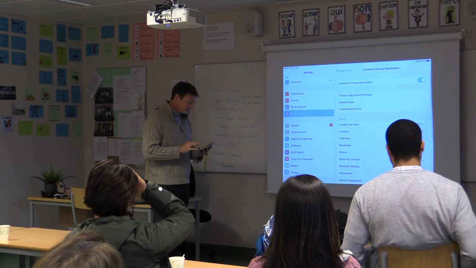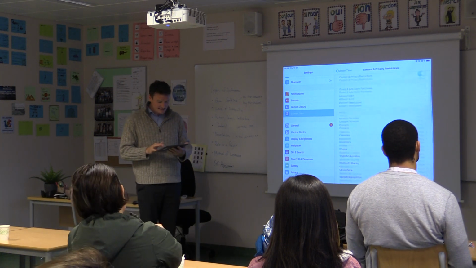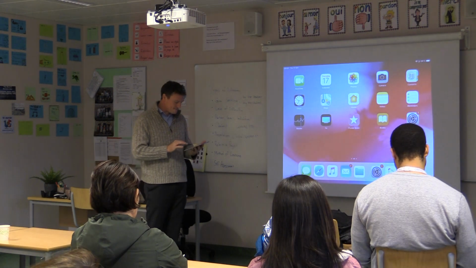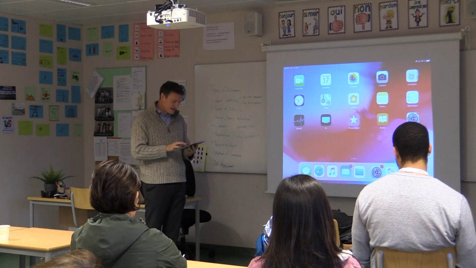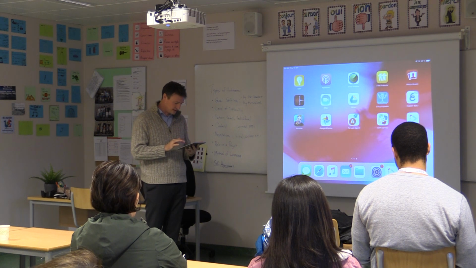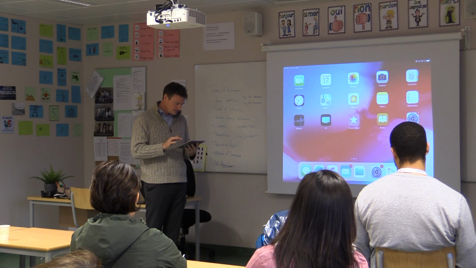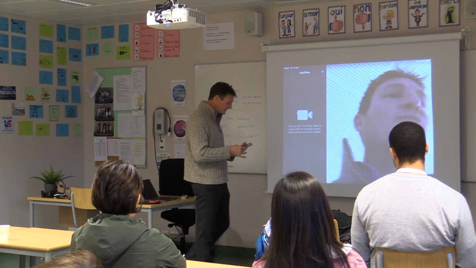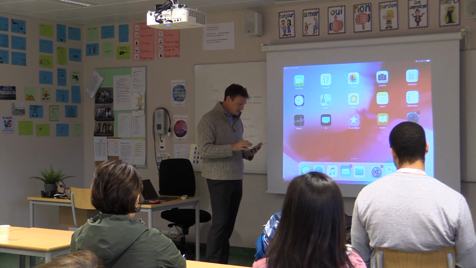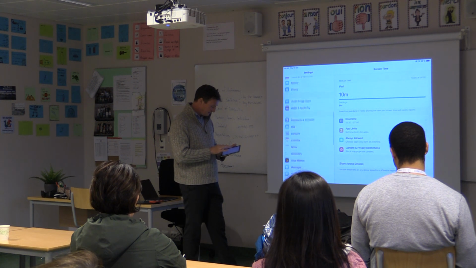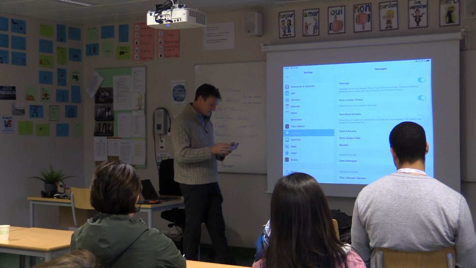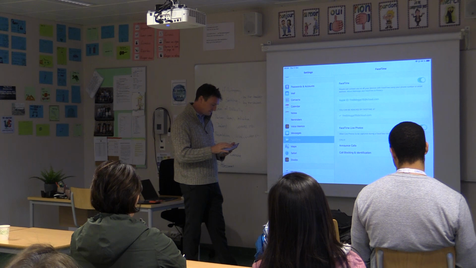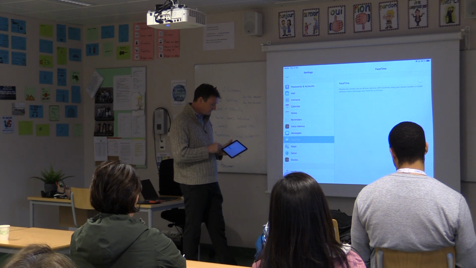So, the other stuff in here that's quite useful is if you have got Messenger, for example iMessage, and FaceTime. Now I'm already logged into FaceTime, but if you go to settings, messages and FaceTime, I'm going to switch iMessage off, switch FaceTime off.